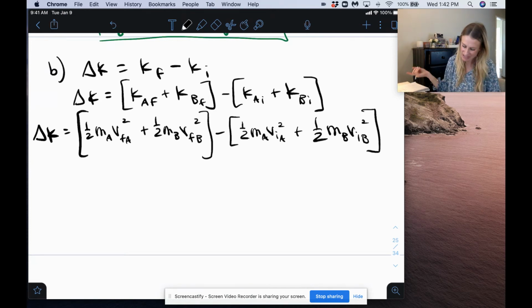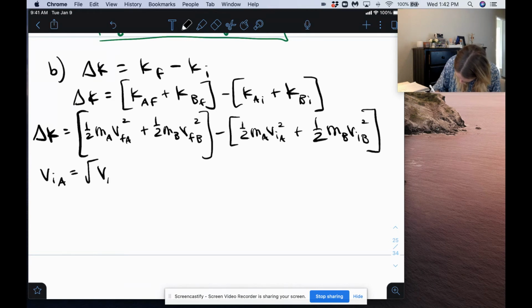So let's start with initial velocity of A. The initial velocity of A is going to be the square root of the initial velocity of A in the x direction squared plus initial velocity of A in the y direction squared.